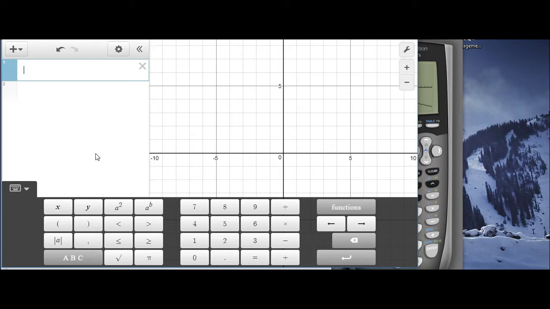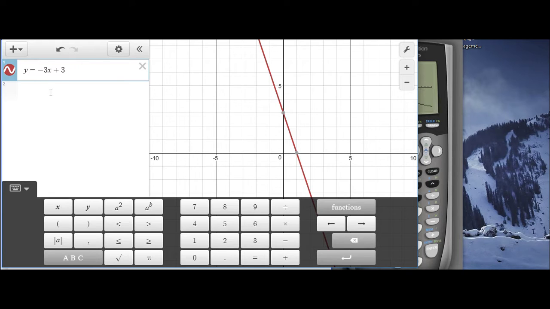So you can use your keyboard to type in the first box, y equals negative 3x plus 3. And there's the first line.